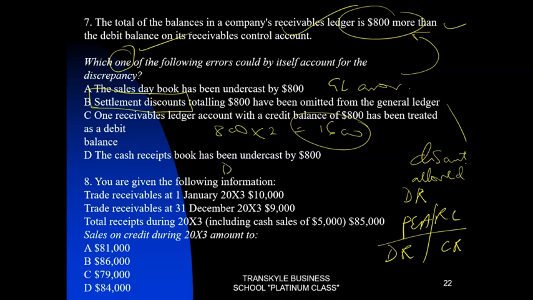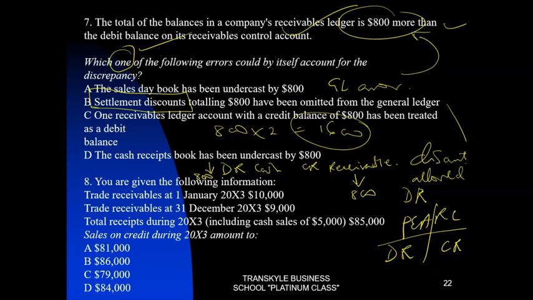The entry should be debit cash and credit the receivable. Let's say the cash was under by $800 as in the question. It also means that the amount to be credited is lower by $800. Are we together? So the receivables control account is going to have its credit side lower by $800.